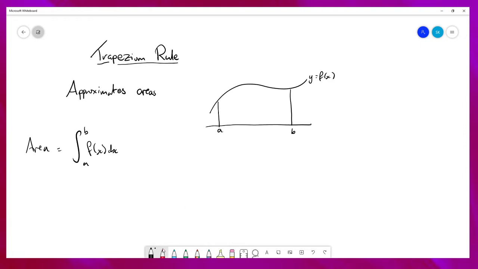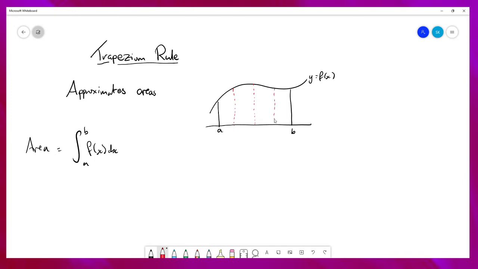So the Trapezium Rule works by taking the area that we're trying to find and breaking it up into trapeziums. Now we could do this very simply, breaking it up into, say, 2 trapeziums, like this. But that doesn't give you a particularly good area, or a particularly good approximation. So we can break it up into even more.